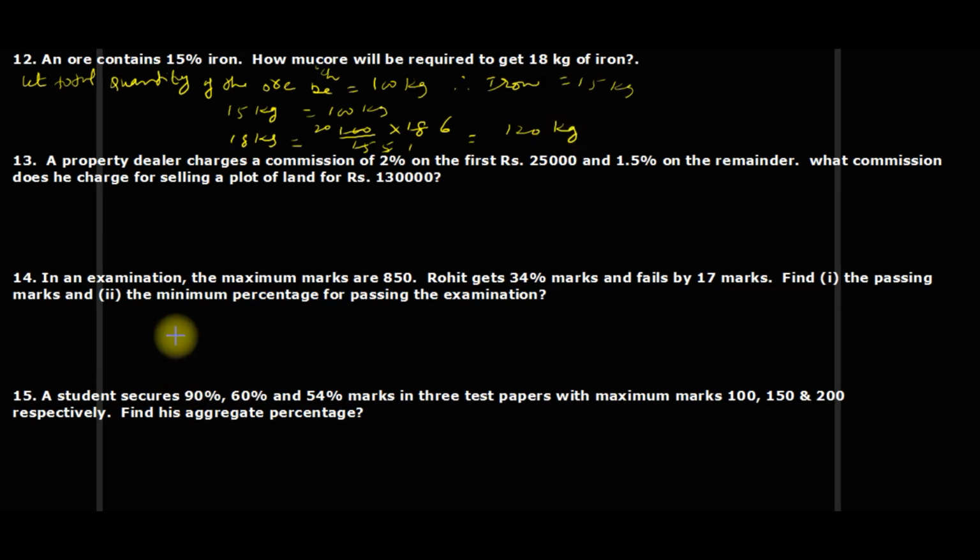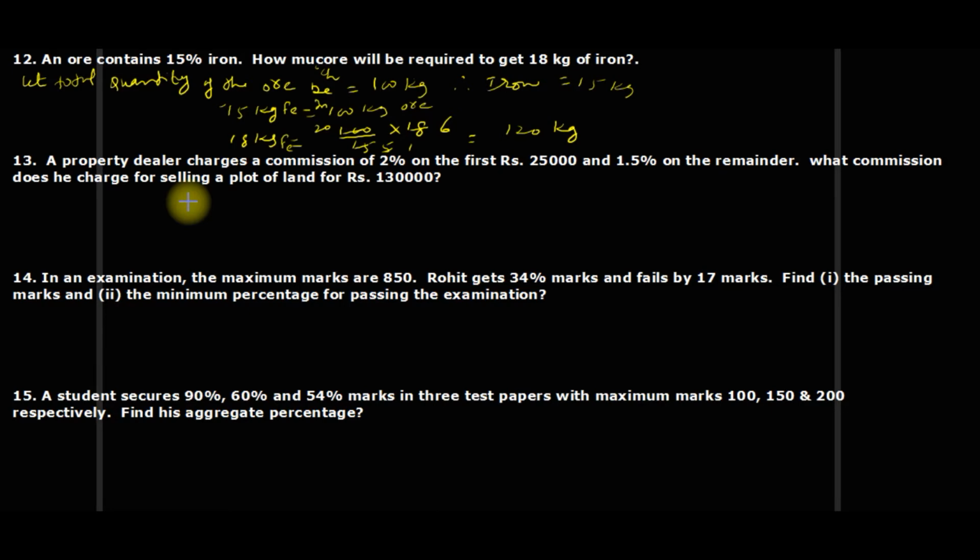Right? 15 kg iron is contained in 100 kg of ore. 18 kg iron or Fe will be in 120 kg ore.